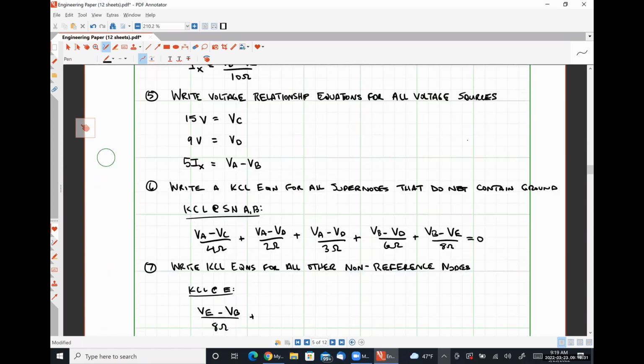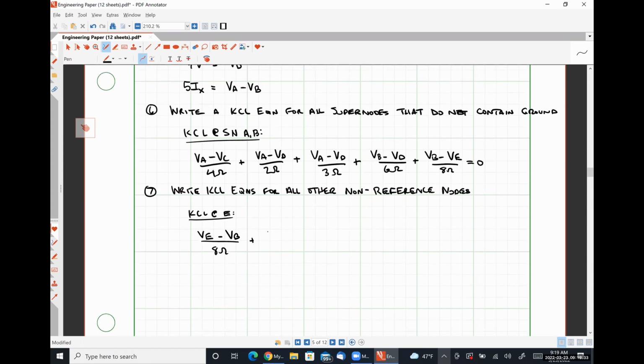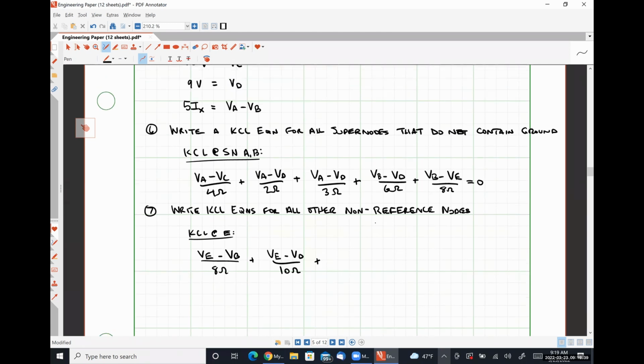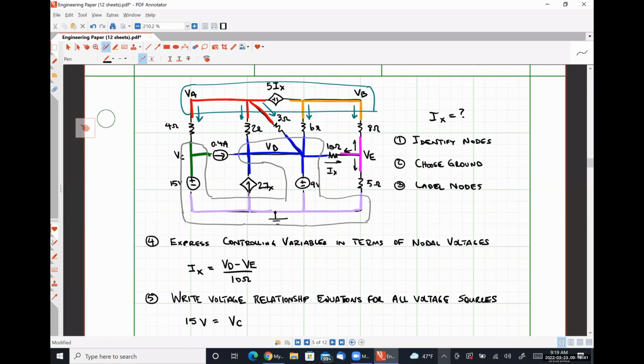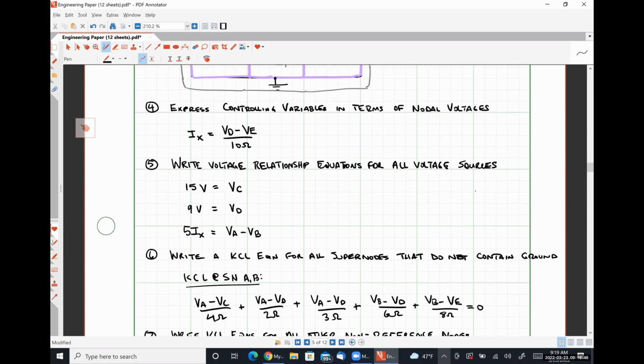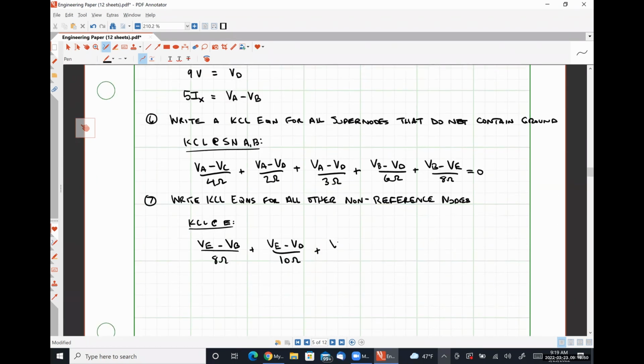VE minus VD over 10. And lastly, the current flowing down through the 5 ohm resistor: VE over 5.